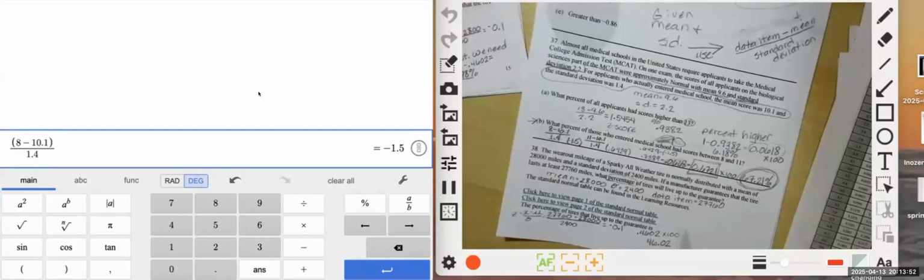Okay, do you all understand why I did what I did on this problem? Are there any questions on it? Am I done with it? This one is more straightforward.